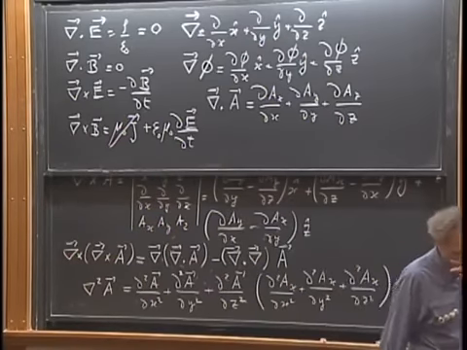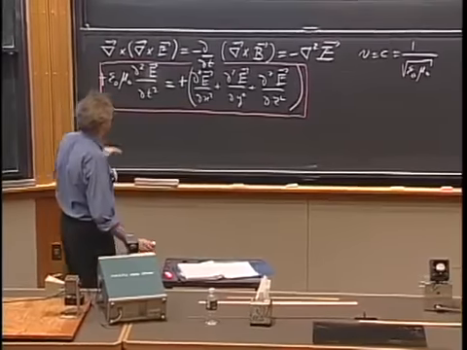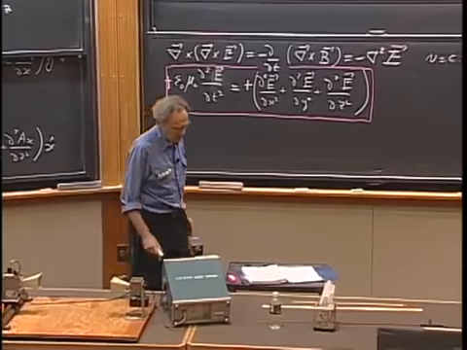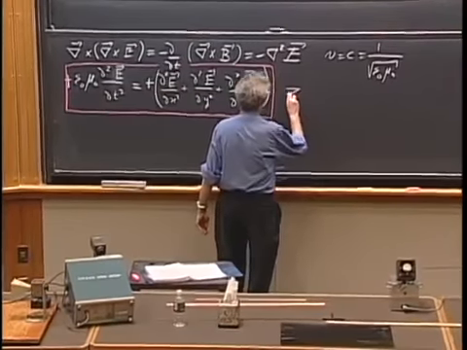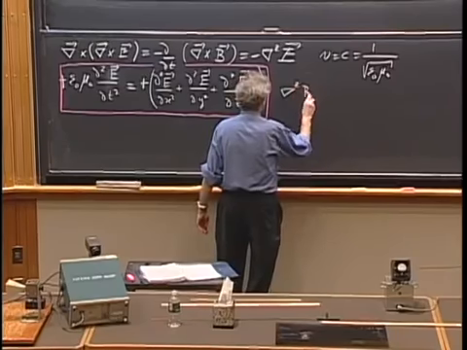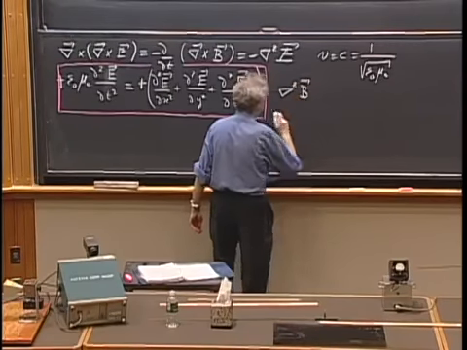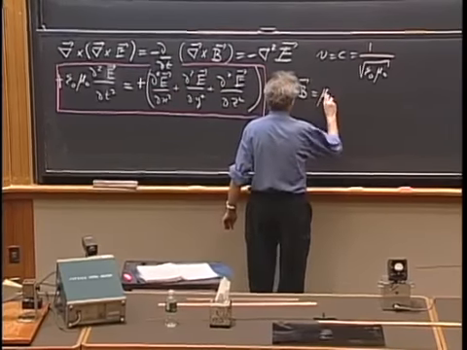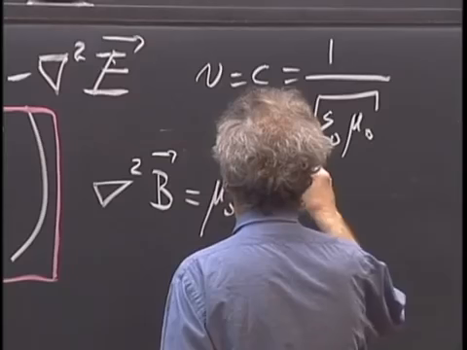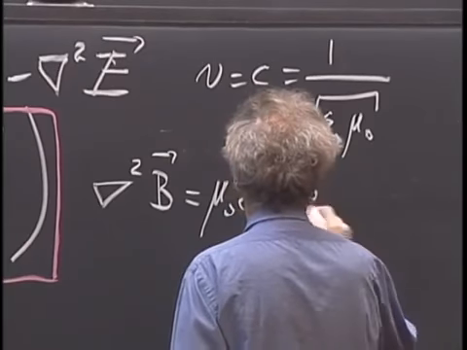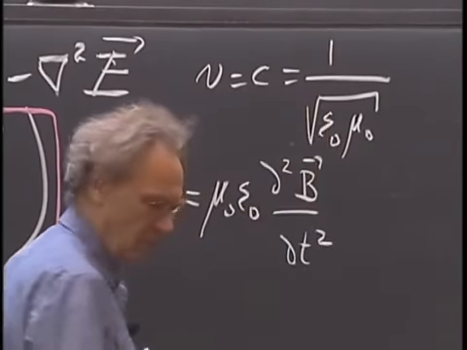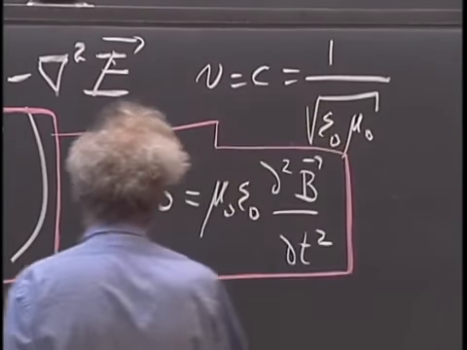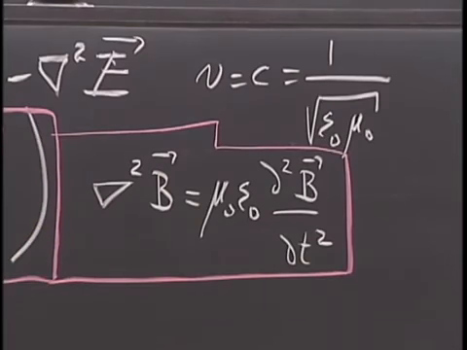He was a genius. Now you can go through a similar reasoning. Instead of taking the curl of E, you can take the curl of B, and then you will find that there must be an associated magnetic field for which del squared B equals mu 0 epsilon 0 times d2B/dt squared. One cannot exist without the other. To put it even more bluntly, one is the other.